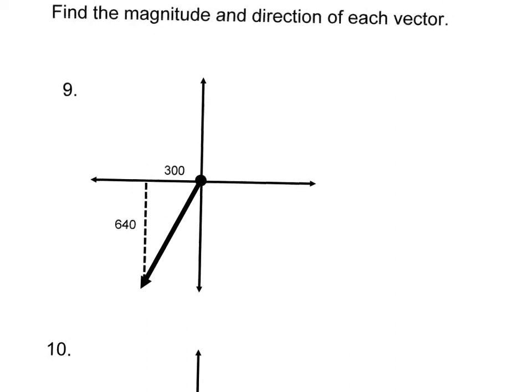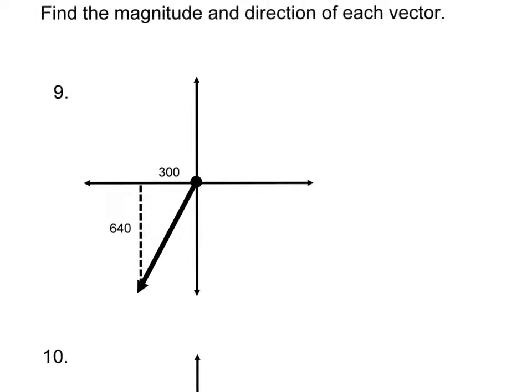Number 9, a little bit different here because they do the opposite. They give us the x and y, or actually the two legs of this right triangle. What they want us to find is the length, the magnitude of our vector.